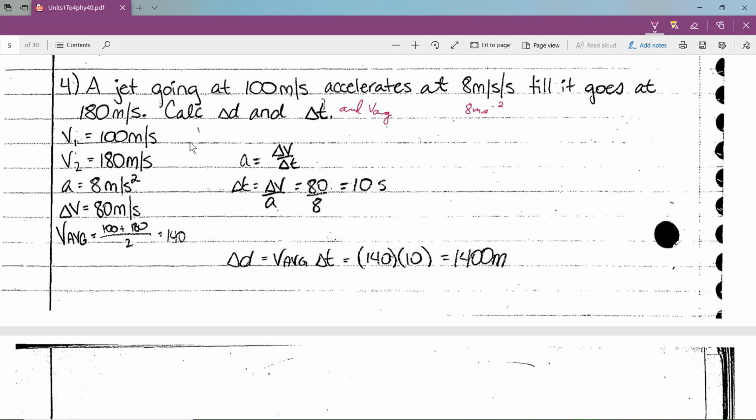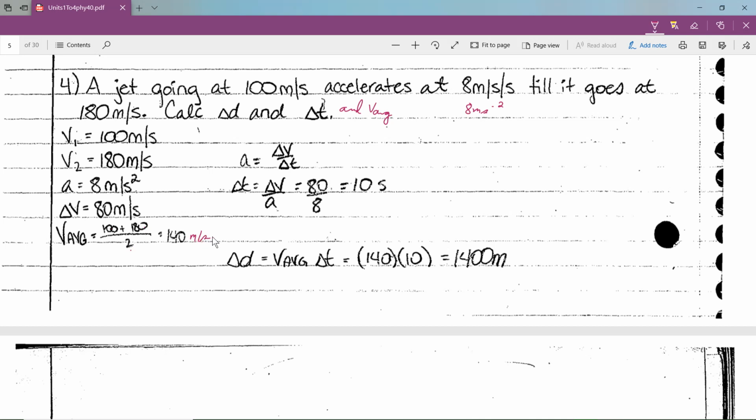So v1 is 100, that is given. v2 is 180, that is given. Acceleration 8 meters per second squared, that's given. Delta v, I can do that in my head: 180 minus 100, so it's 80. So v average is v1, 100, plus v2, 180, so that's 280 divided by 2, so 140 meters per second.